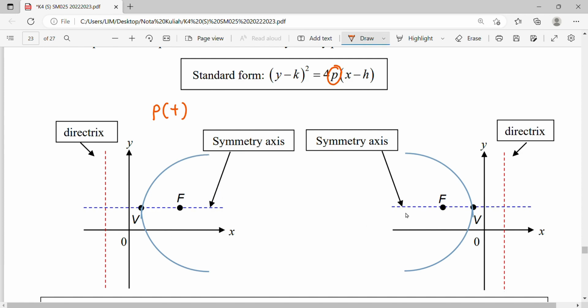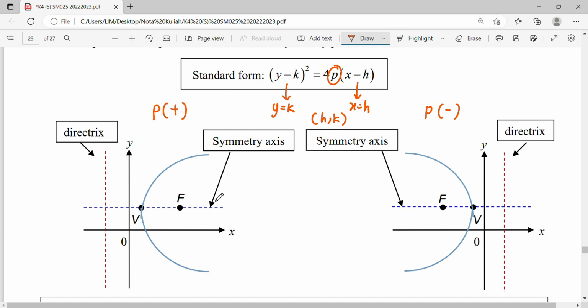But if your p value is negative, your parabola will open to the left. So that will be our shape for this parabola. From here, we can read out the y coordinate equals k and the x coordinate equals h. So this coordinate (h, k) will be our vertex.